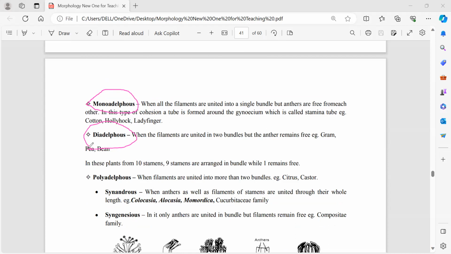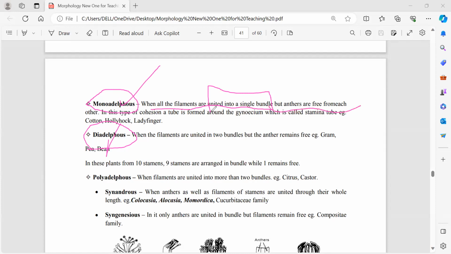चलो कैशन. मानो एडल्फस क्या? अटेंडेंस करेंगे सारे लोग. मानो एडल्फस एंड डायएडल्फस. एडल्फस में हमने पढ़ा कि when filaments are fused, filaments only are fused. अब मानो एडल्फस क्या होता है और डायएडल्फस क्या होता है? Monoadelphous means when all filaments are united in a single bundle, ये सारी फिलामेंट्स एक बंडल में, but anthers are free.